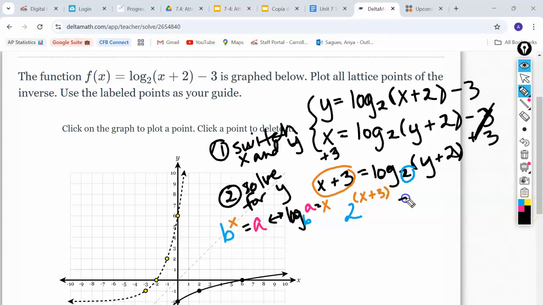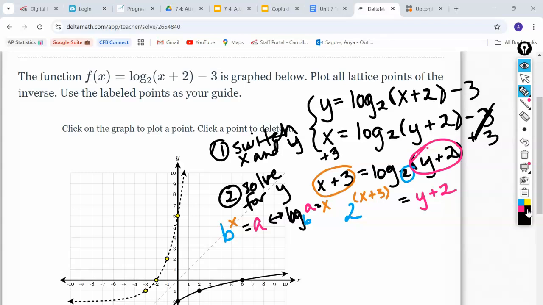And then equals a. Now a is the part that is right next to the log and the base. So that would be this. Right? So from here, I just continue to get y alone. So like this, I get y outside of the log, outside of being associated with the log.